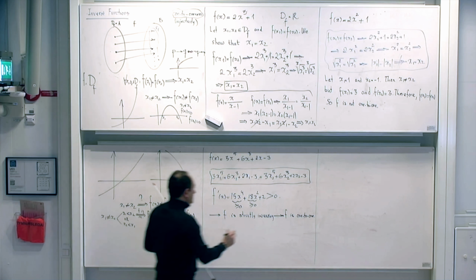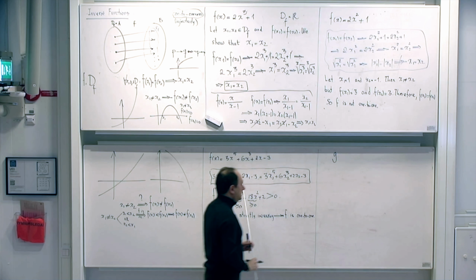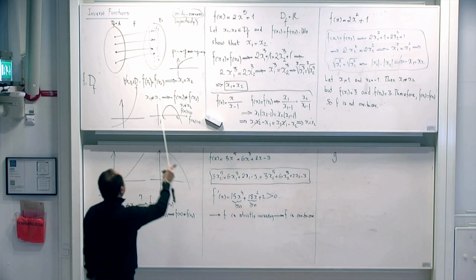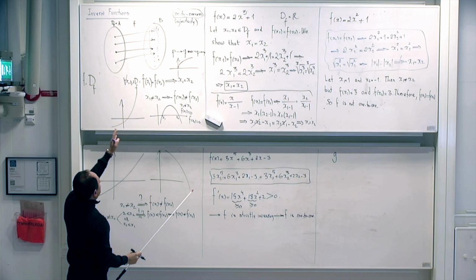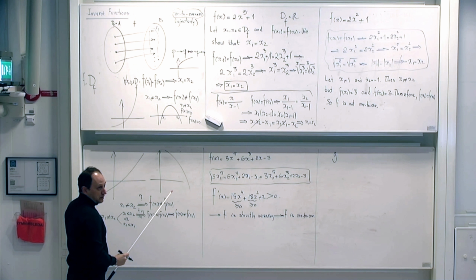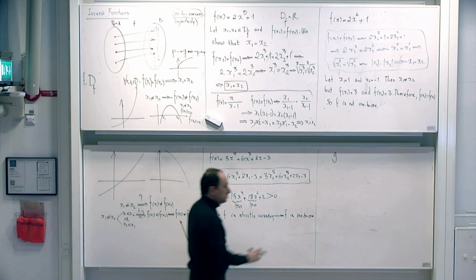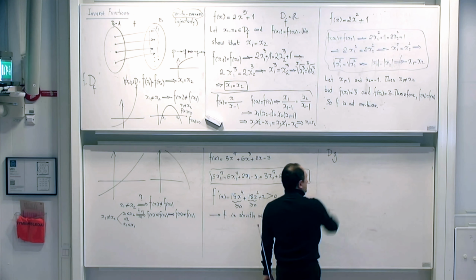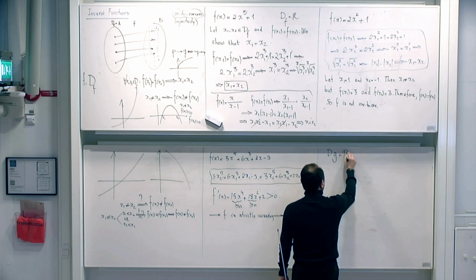Let us say that I want to define a new function g, which I call the inverse of f. The idea is that I want to reverse the arrows. Can you tell me what will be the domain of g? The range. The domain of g will be the range of f.